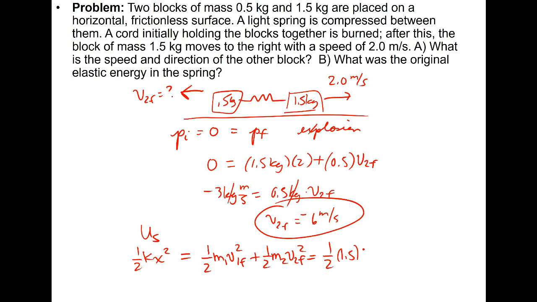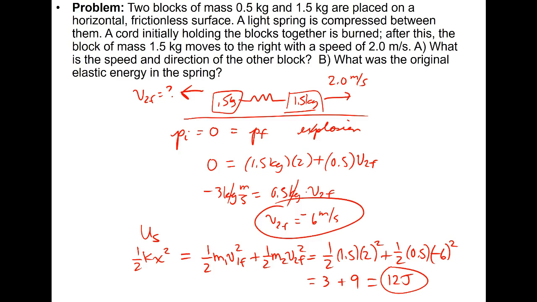M1 is 1.5, V1 is 2, and then 1/2 times 0.5 and negative 6, which isn't going to matter because it's getting squared. So that's going to be 4, half of that is 2 times 1.5 is 3, plus 36 times 1/4 is 9. So there were 12 joules of elastic energy in the spring.